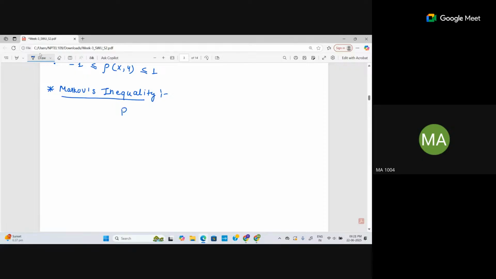So the inequality is: let x be a discrete random variable taking non-negative values only, with finite mean mu.